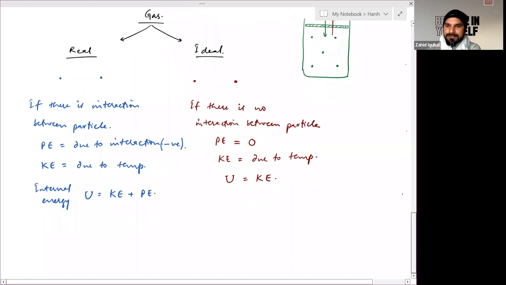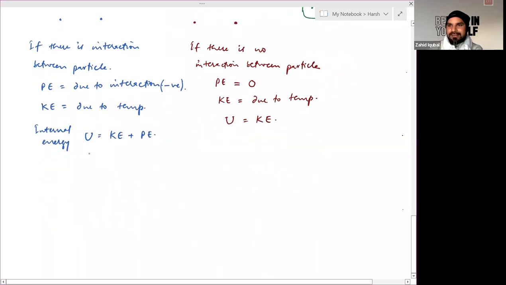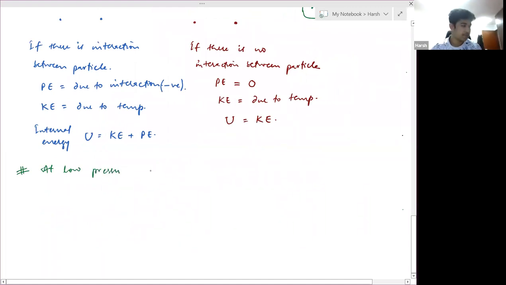So from this, we can say at low pressure and high temperature, real gas will tend to behave as ideal gas. Is it clear?